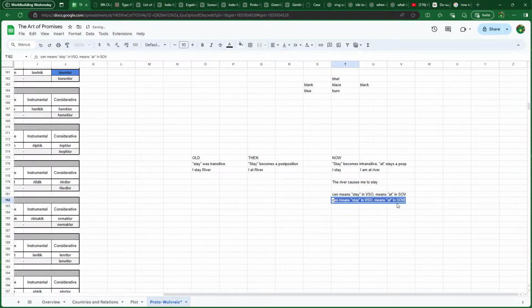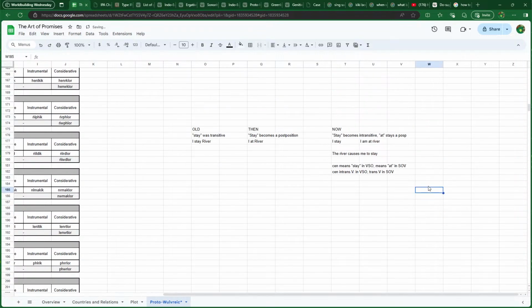And then Shen is a transitive verb in, is an intransitive verb in VSO, in, is a transitive verb in SOV. That's how that works.